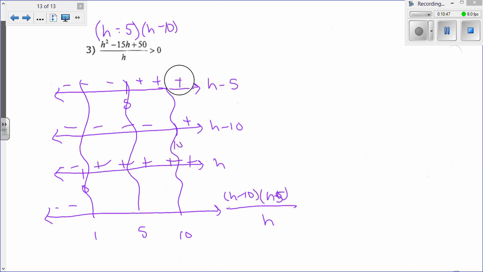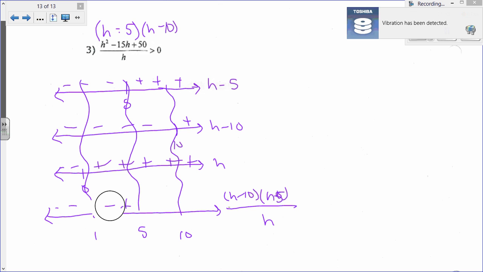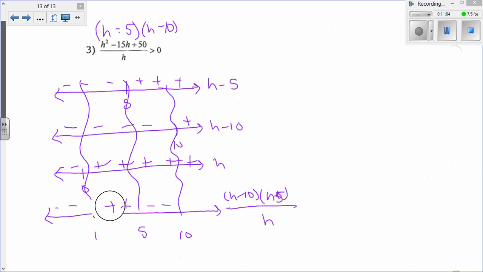A negative times another negative is positive, divided by the positive is positive. A positive times a negative is a negative, divided by another positive is negative. And then a positive times a positive divided by a positive would just be a positive.